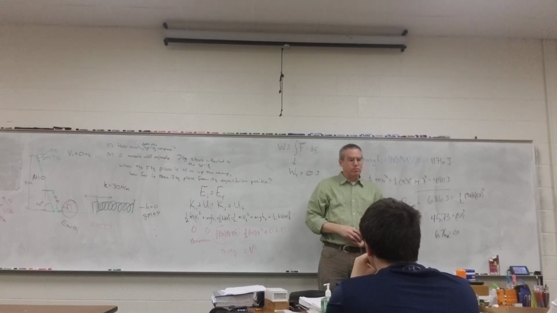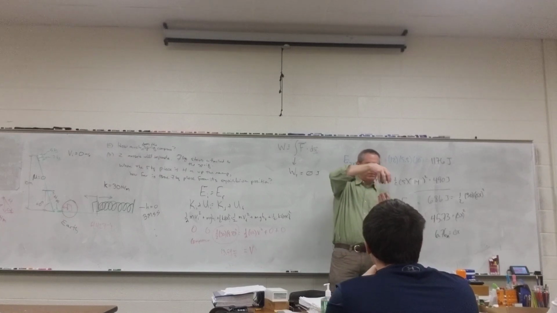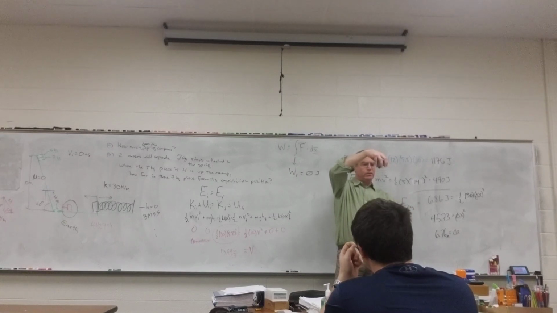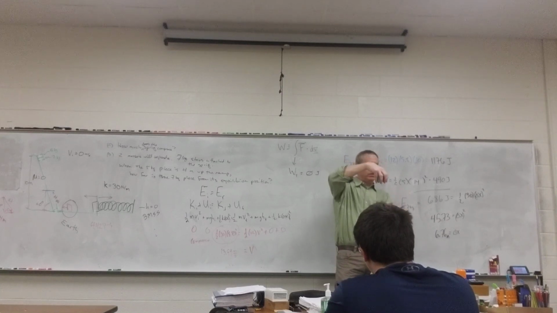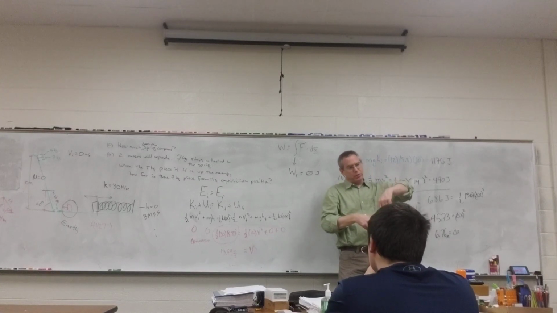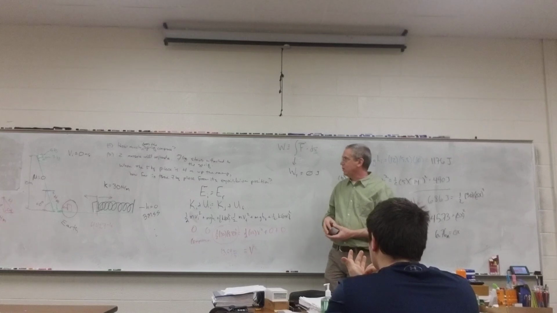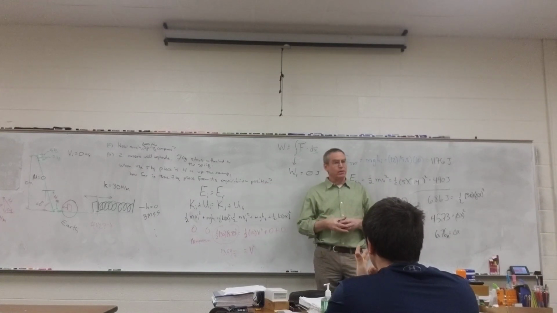This just happens to be horizontal. Let's make it smaller so I can deal with it better. As I stretch down, it's going to oscillate back and forth around it. When it's below the equilibrium position, the spring is going to pull things back up towards it. When it's above, it tries to push it down towards it. So the equilibrium position is just when the spring is in its natural state.